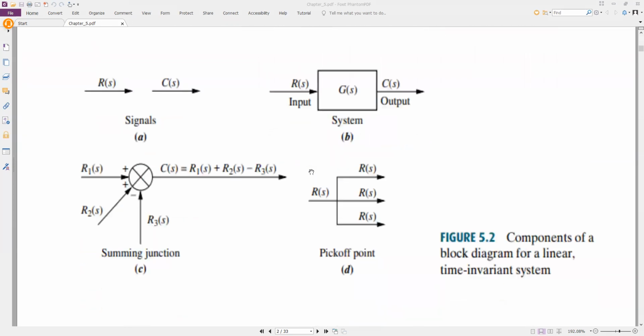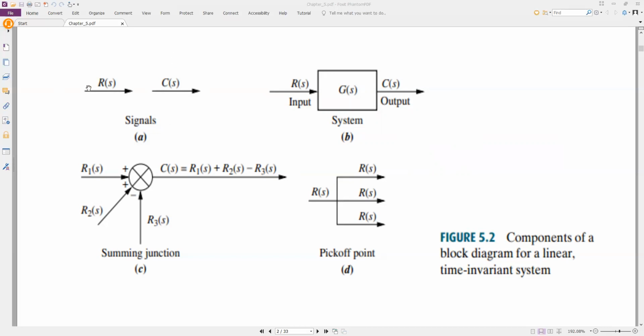So see, in the block diagram, there are some components. What are the components? These are the signals, and this is the system. Can you identify the things?